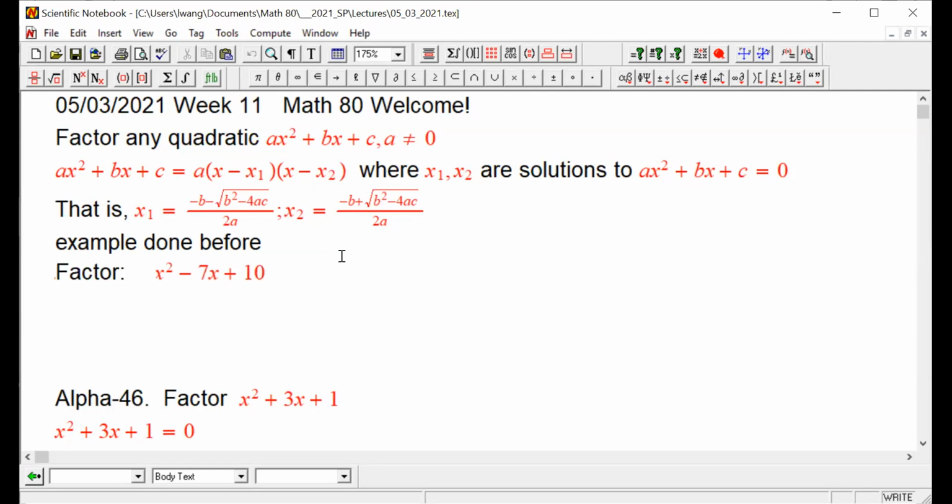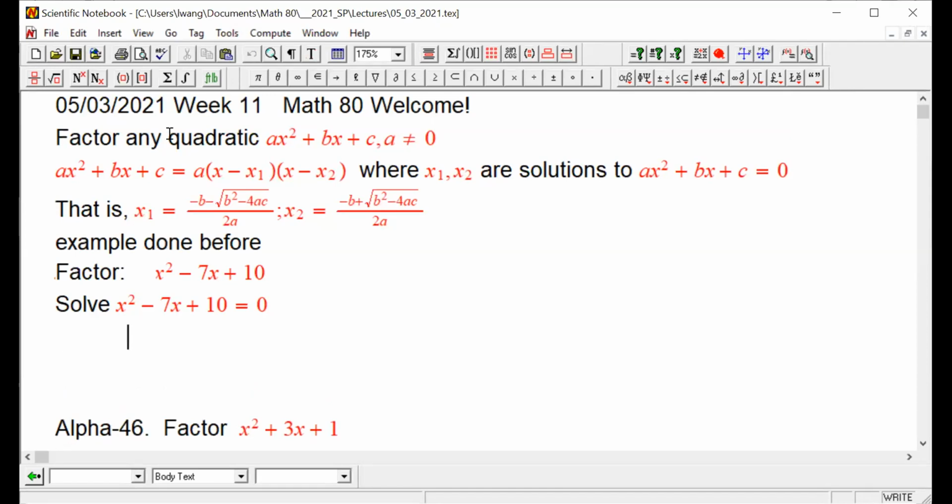I'm not going to use that game board. So we use this new technique, which is to solve the quadratic equation. This is the equation, this function, and we want the output to be 0.